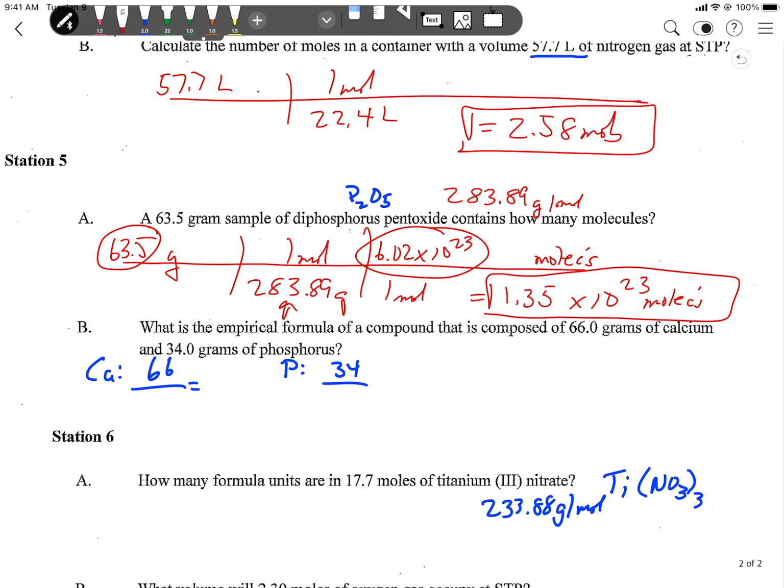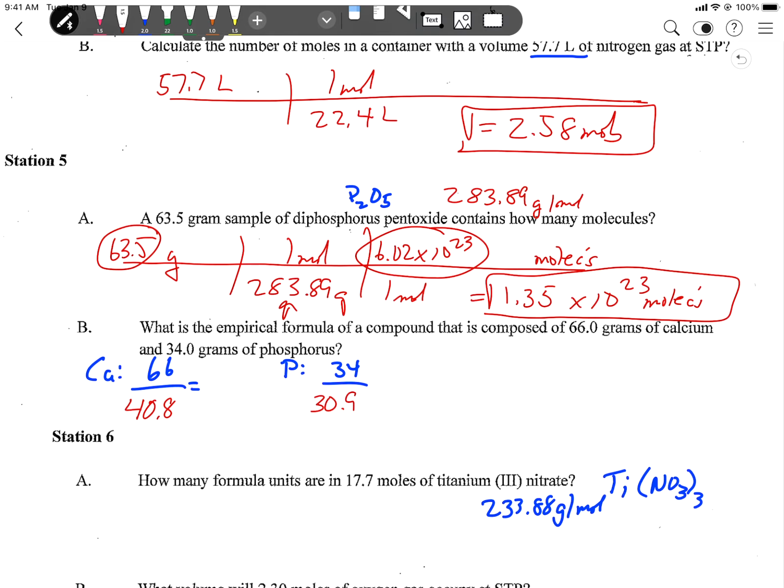And what is the empirical formula of a compound that is composed of 66 grams of calcium and 34 grams of phosphorus? Well, we need the molar mass of calcium. That's going to be 40.08. And for phosphorus it's going to be 30.9. Okay.